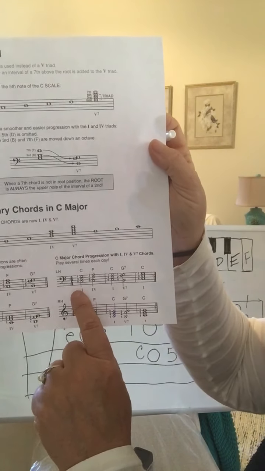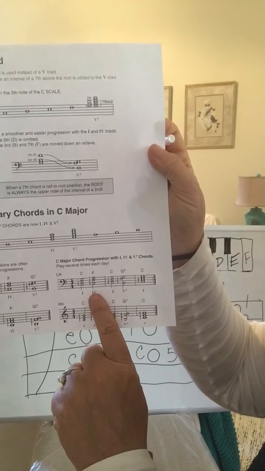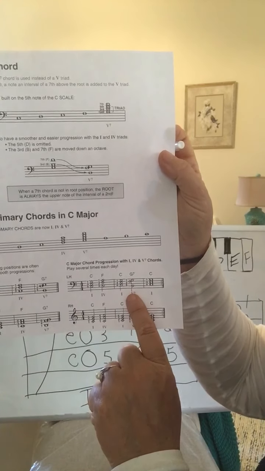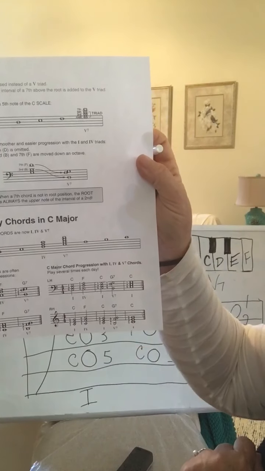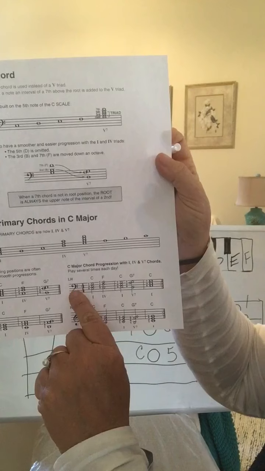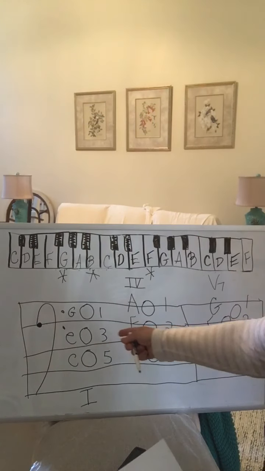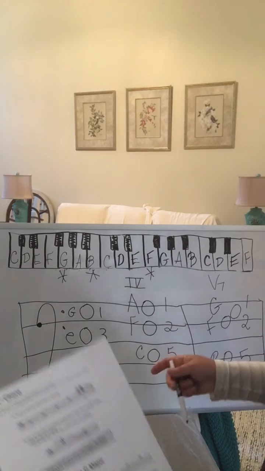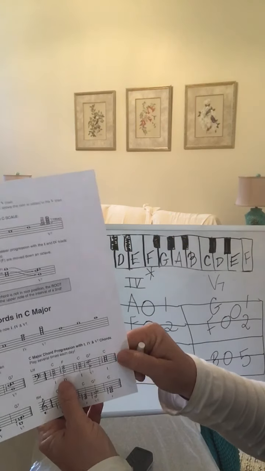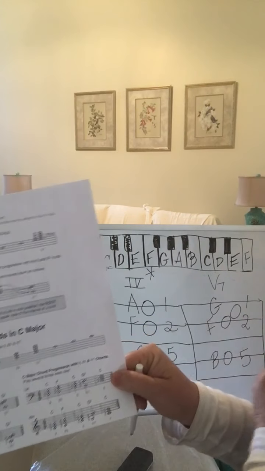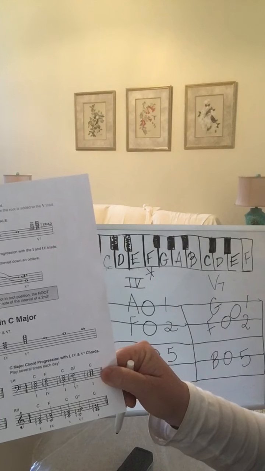Okay, because there's your 1, your 4, back to 1, 5-7, and back to 1. And that's written in the bass clef. So you'll have them written out from the board with the names of the notes, and then when you get your sheet out, it'll make sense because the pictures will look exactly like what I drew on the board.